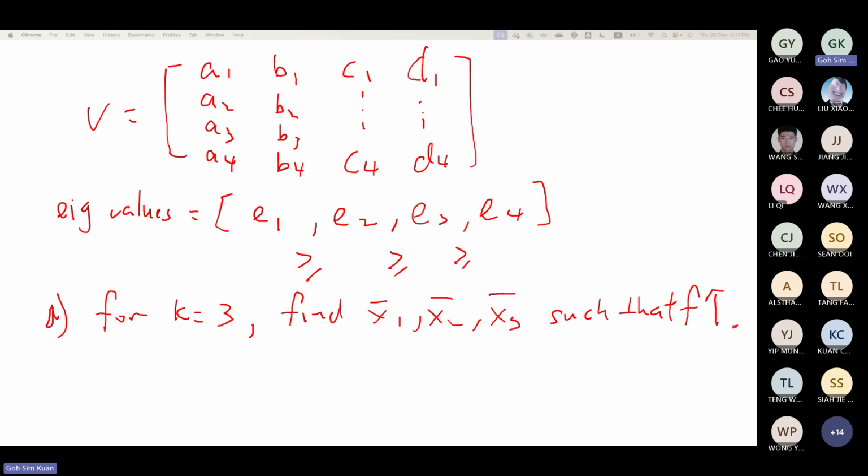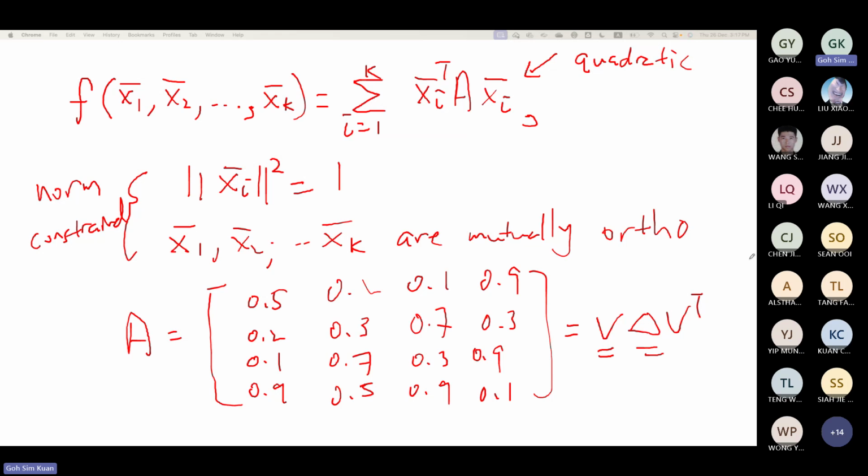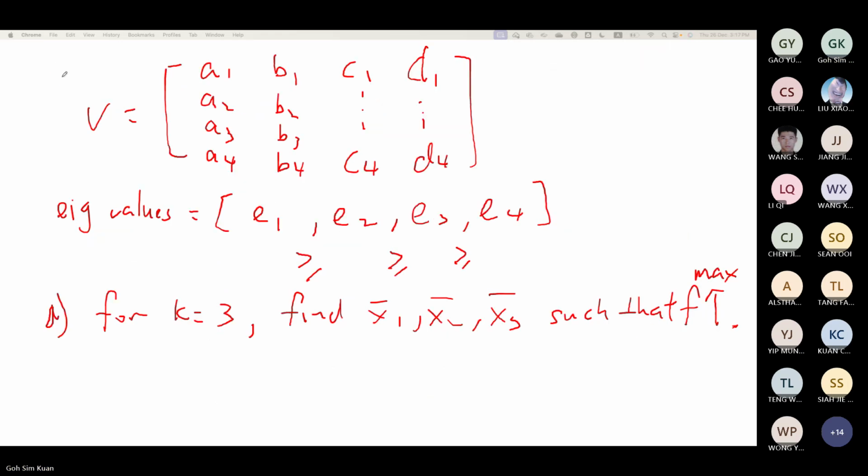So we want to maximize this particular f by finding our x1 bar, x2 bar, and x3 bar. So how do we approach this particular question?